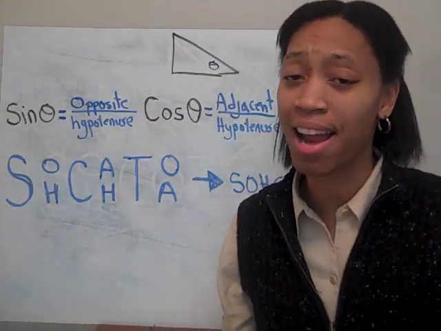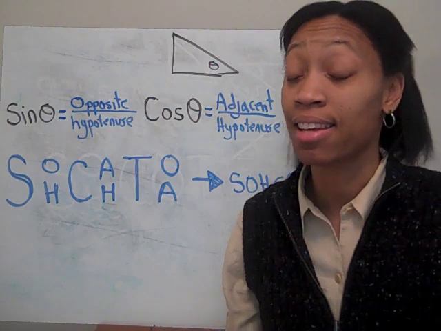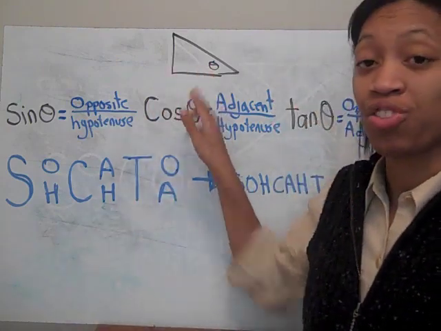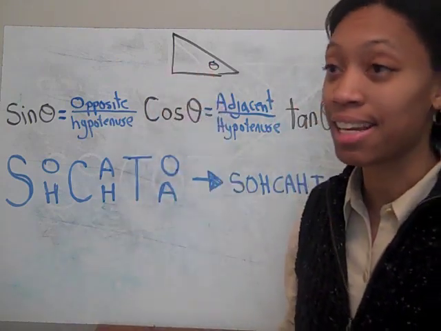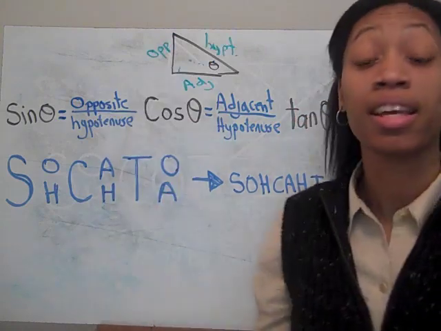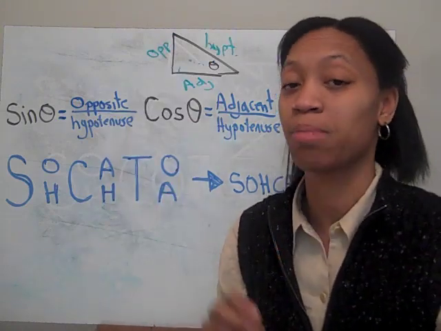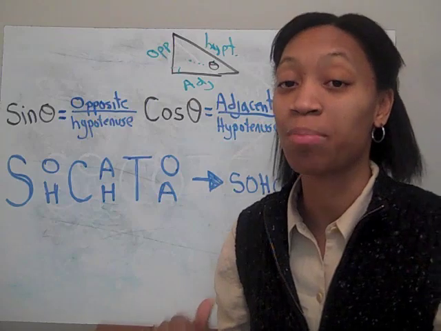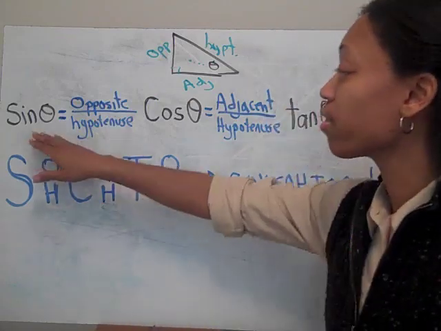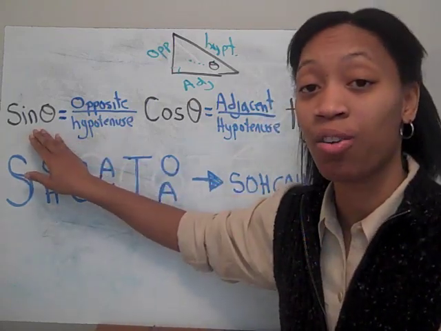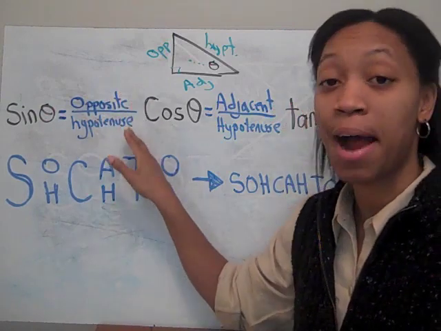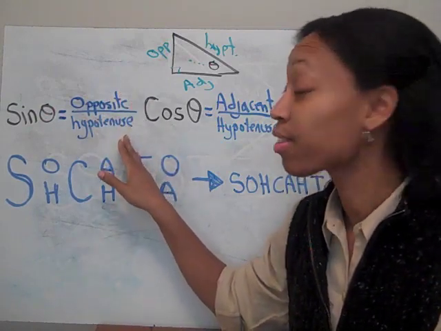Now, here comes the exciting part for today's lesson. When I have this triangle, just like I said, I can label the sides. Now, if I take those numbers and make a fraction, that's where I get my trigonometric ratios. The sine of the angle is the opposite divided by the hypotenuse.